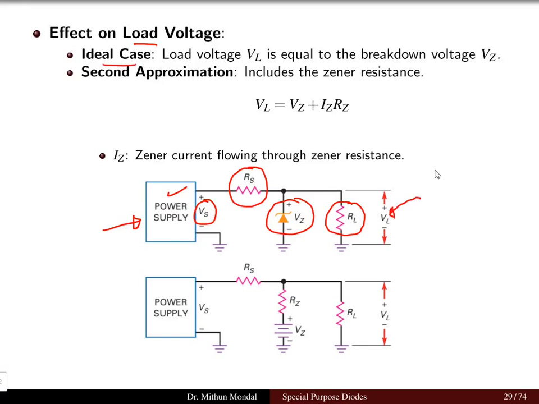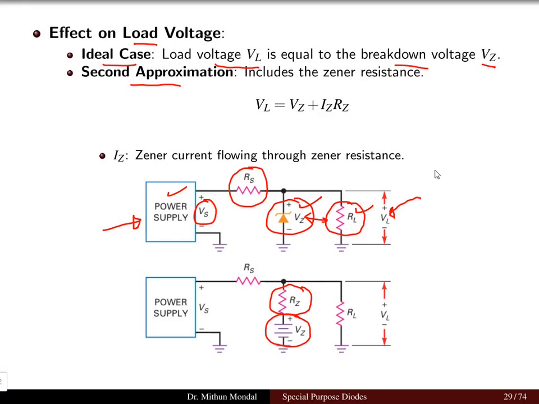For the ideal case, the load voltage VL is equal to the breakdown voltage Vz. Whatever the breakdown voltage we have for the Zener diode is the same as the load voltage because both are in parallel.